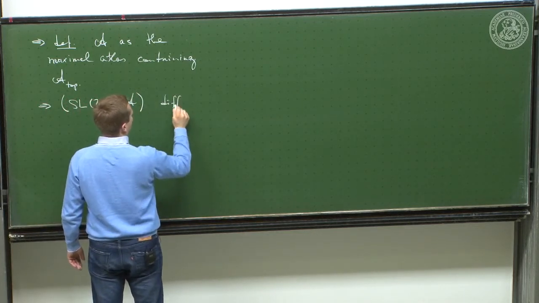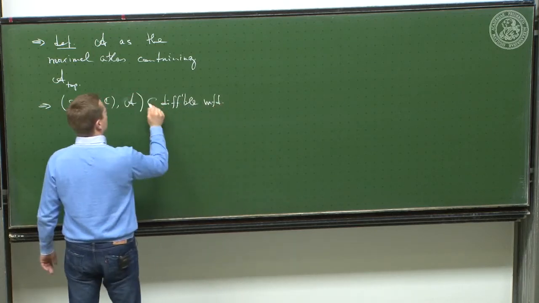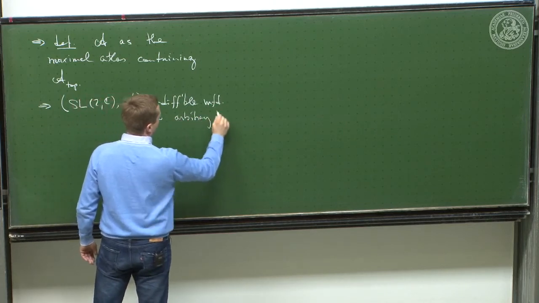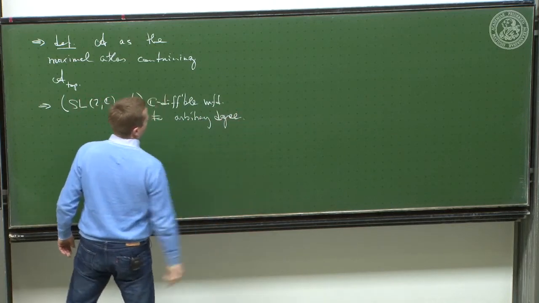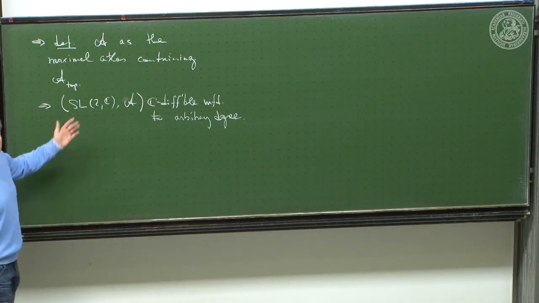I write C differentiable to arbitrary degree. Well, on C, if it's differentiable, we can anyway Taylor expand, Maclaurin expand, and so on. So on C, this is very strong. Okay, so there we go.